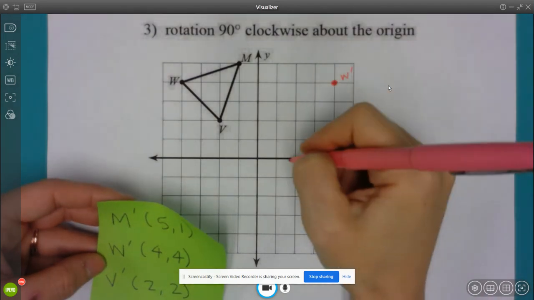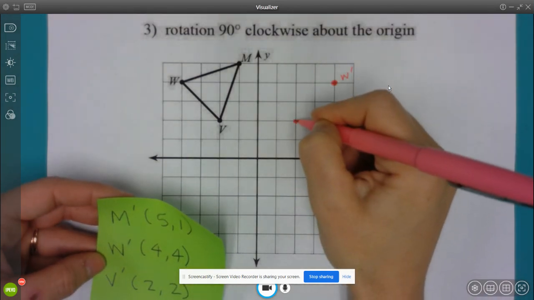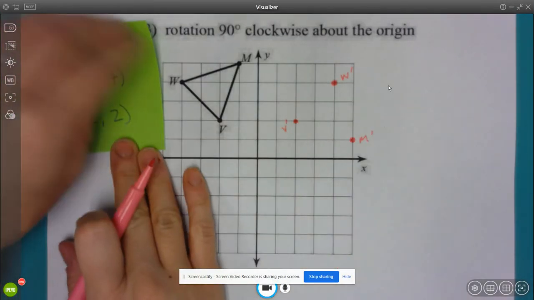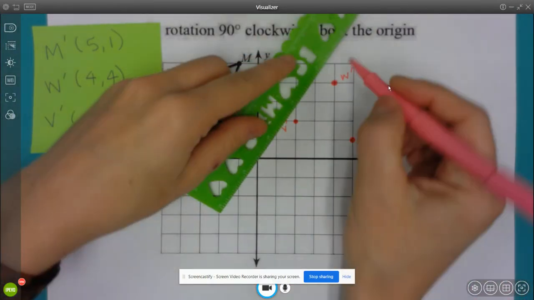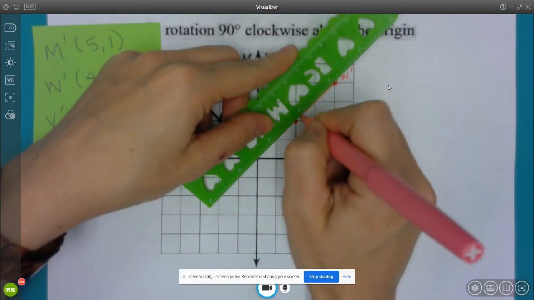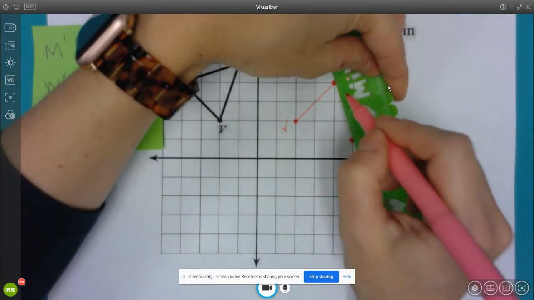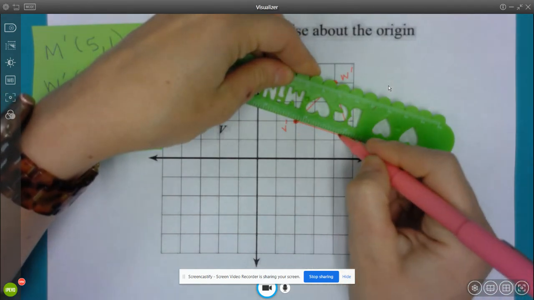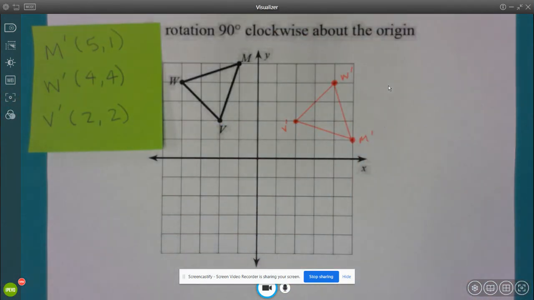And 2, 2 is here for V prime. And we will do the triangle method as well. And then we will write our rule.